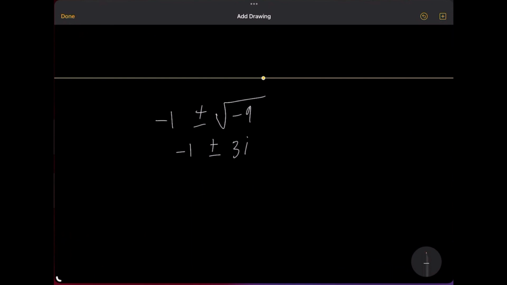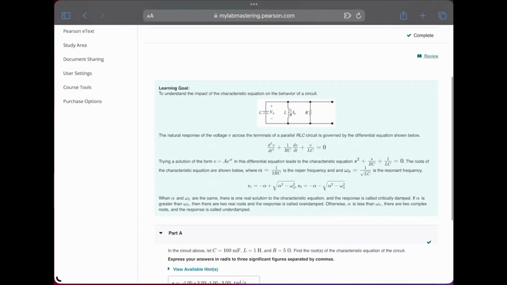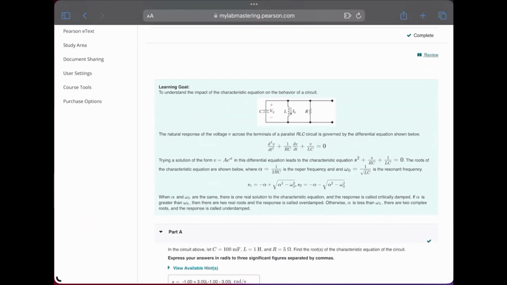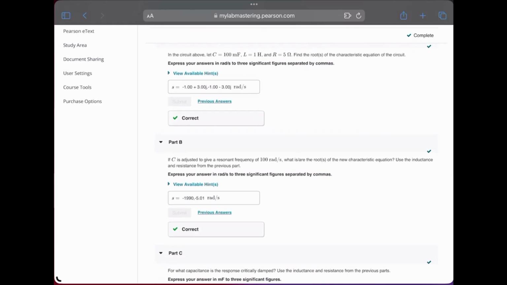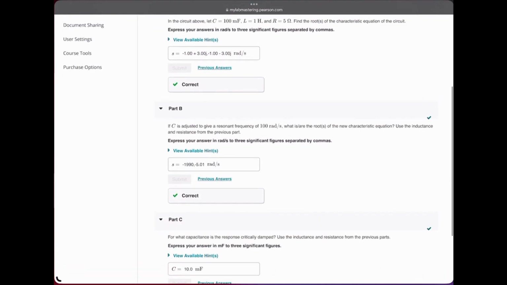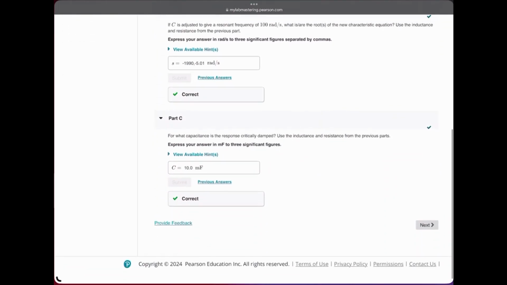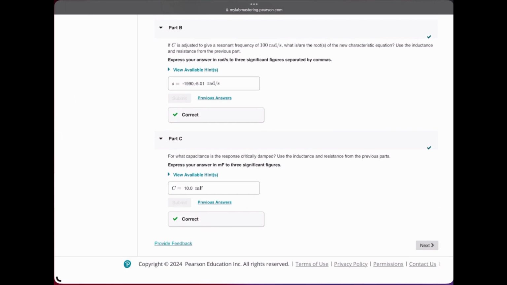Let's put in our values. So it's going to be e to the alpha times x. It's going to be e to the negative x. It doesn't have to solve all that.